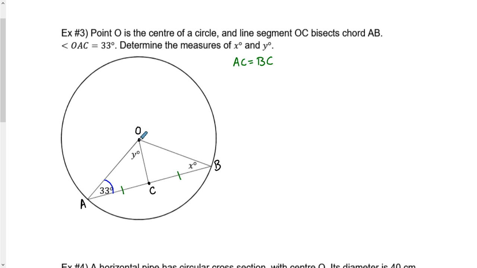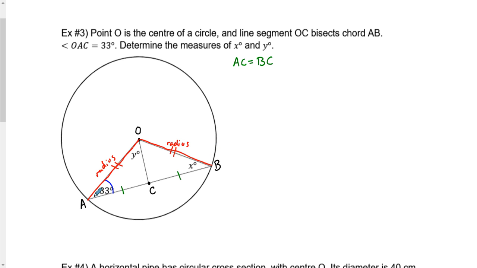Well, if O is the center of the circle, any line that is drawn from the center of the circle to the outside of the circle is the radius. And if it's the radius, that means those two sides are also going to be the same, no matter what measure it is. It could be 10 centimeters, it could be 5,000 kilometers.